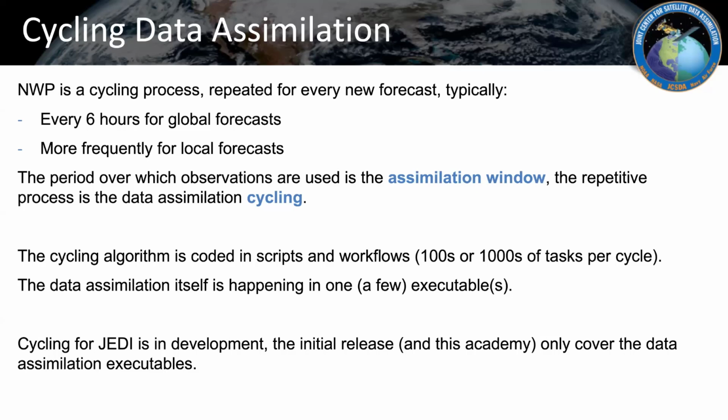We are currently developing tools for doing the cycling that are well suited for JEDI, but that's in development. The current release of JEDI AV3 does not include all the tools for the cycling, and this academy is the same. It only covers what's in the data assimilation algorithm, the codes for doing the data assimilation and the YAMLs and so on to configure it, but we do not include all the cycling here.